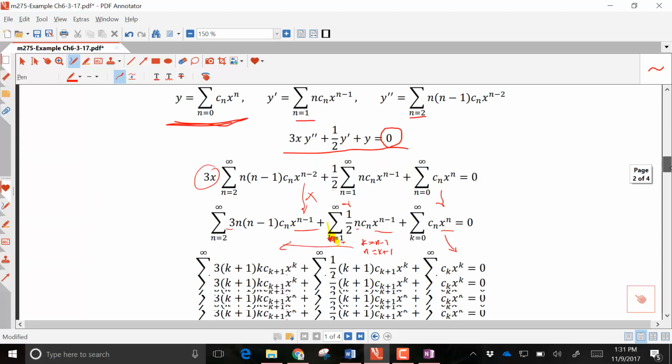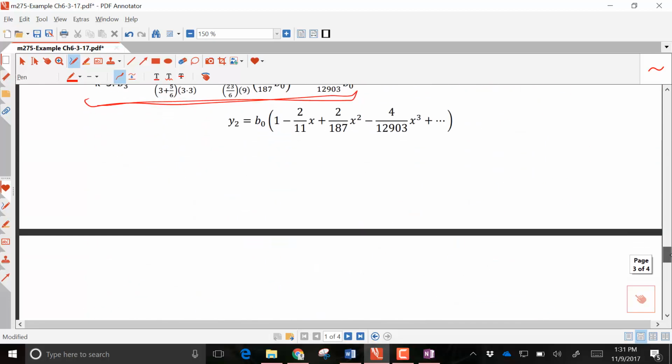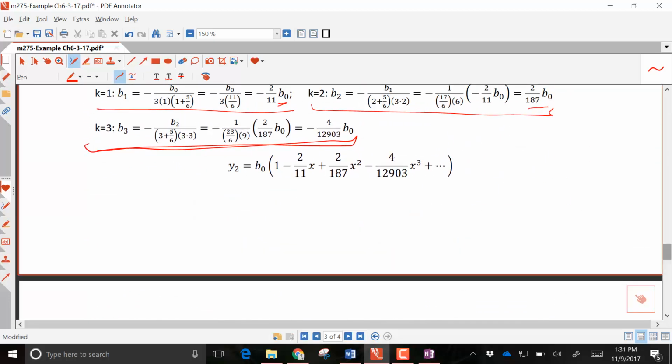Actually, oh, that's another typo. That would be a big typo. So this should be b naught x to the 5/6, and b naught times, what's x to the 5/6 plus 1? 11/6, 17/6, 23/6.